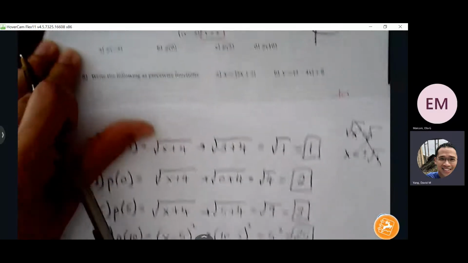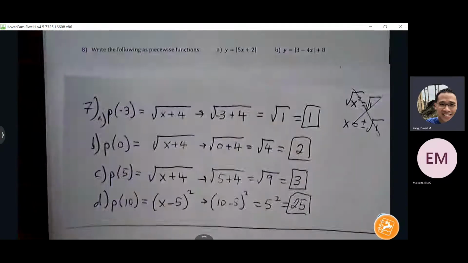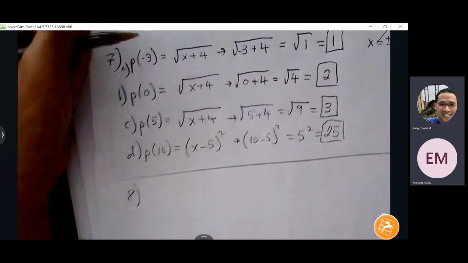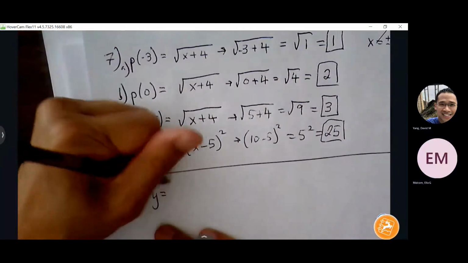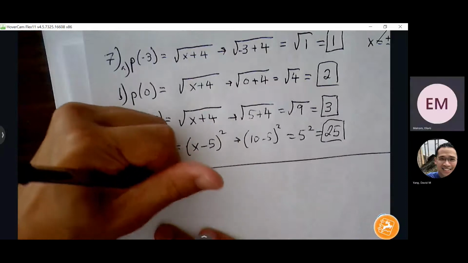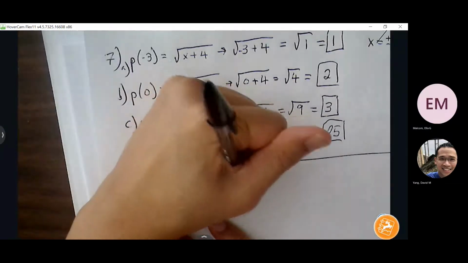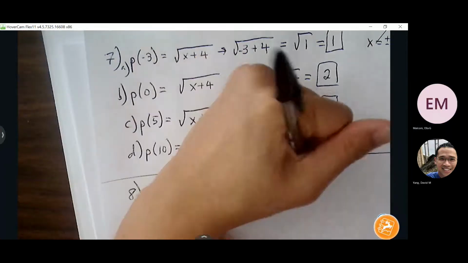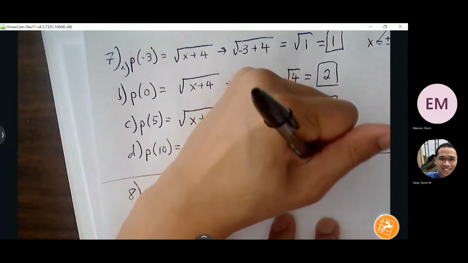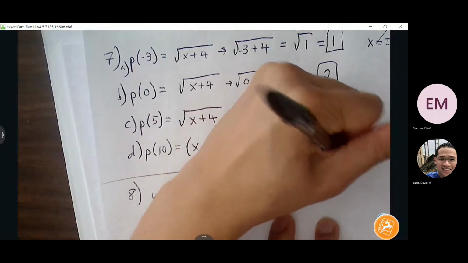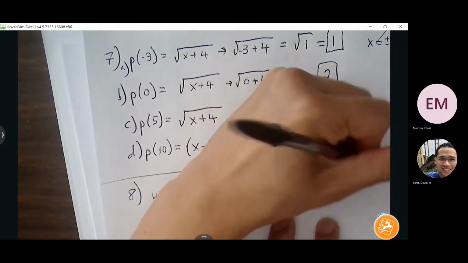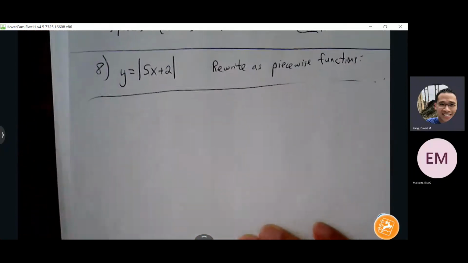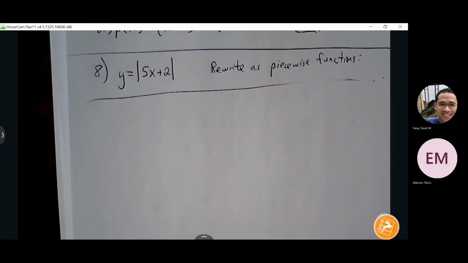So now we're going to write these absolute value functions as piecewise functions. Let me start off with an example here.